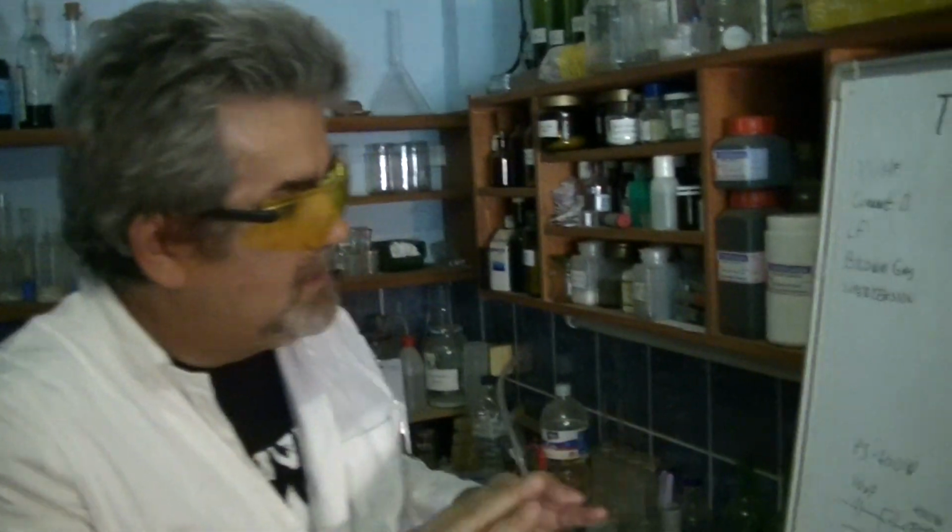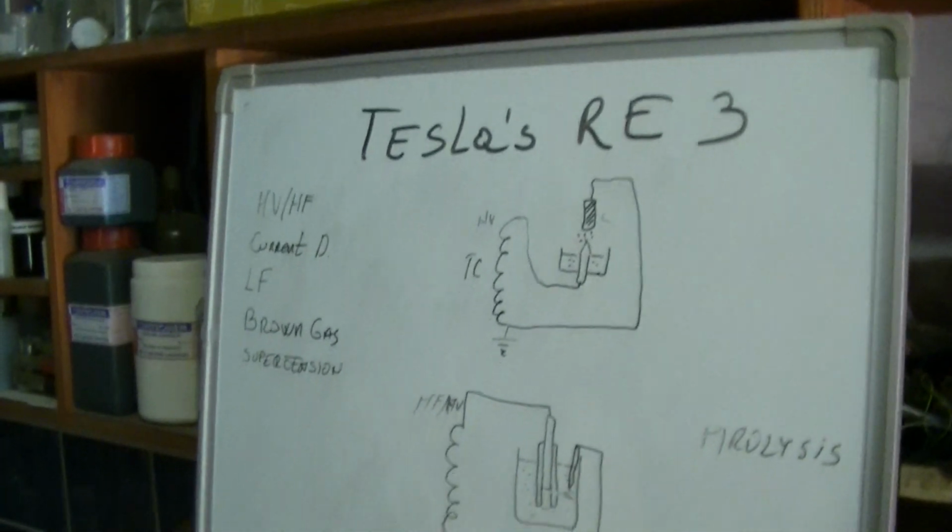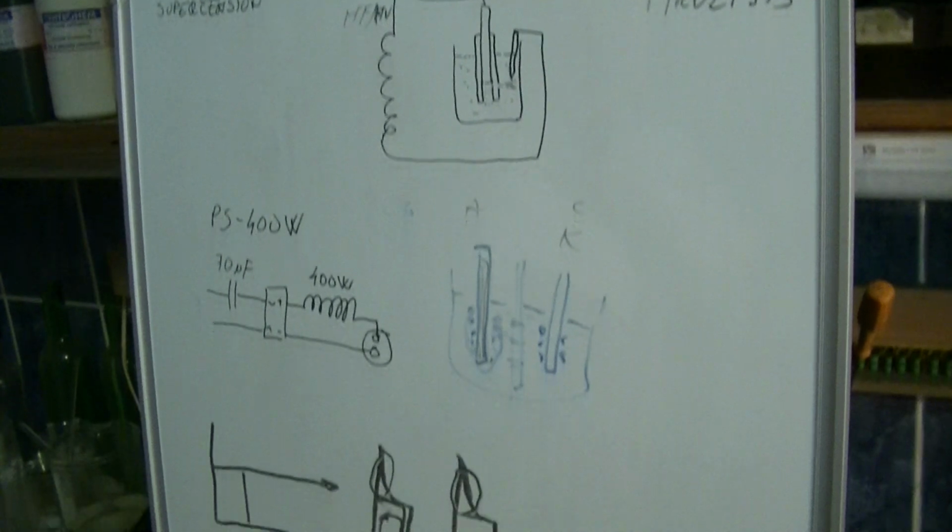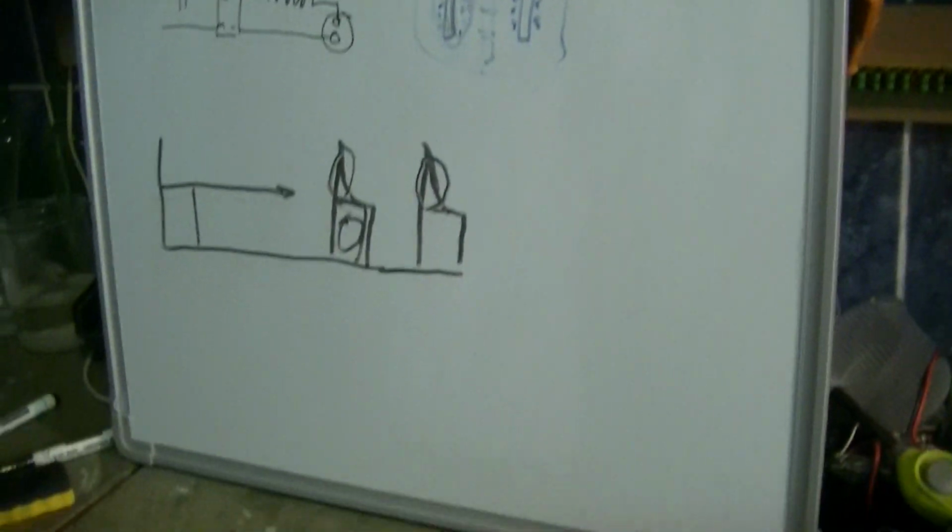Then we sent another set of electrodes to Paris, and we got confirmation from them also that transmutation is happening. So I hope that I gave a bigger view of Tesla's radiant energy, where it is present around us. Thank you for watching.